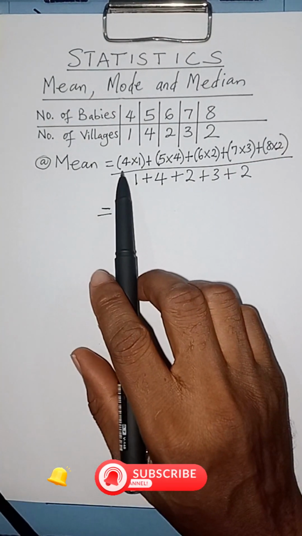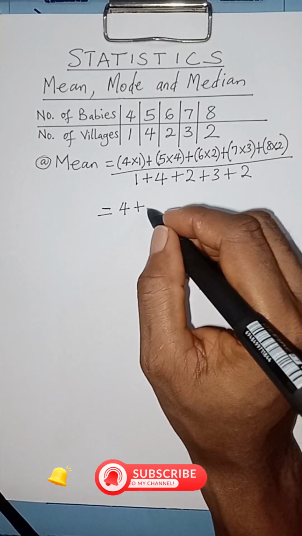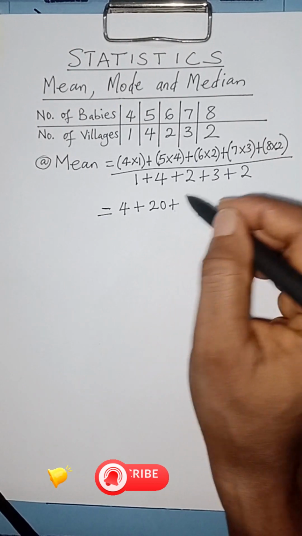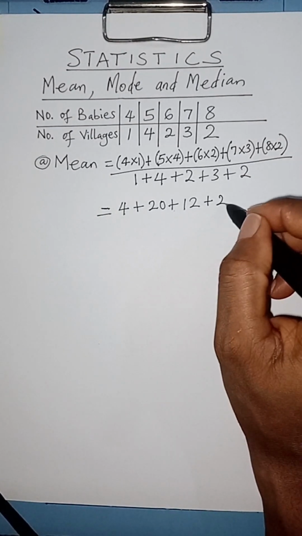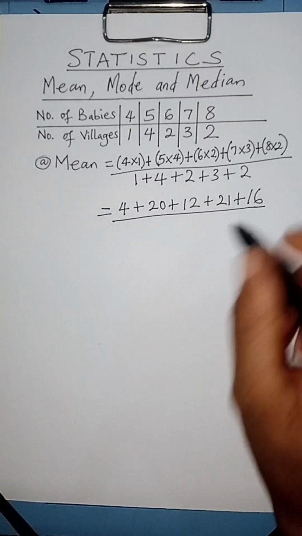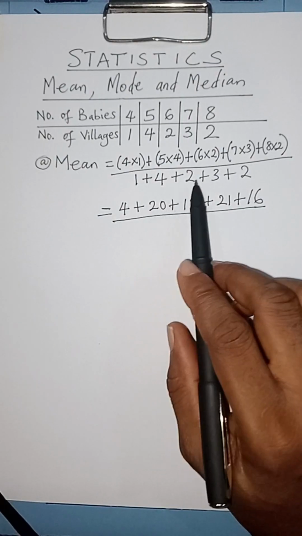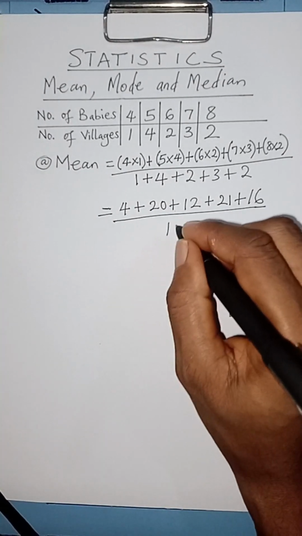So let's start with the numerator part. 4 multiply 1 is 4, plus 5 multiply 4 is 20, plus 6 times 2, 12, plus 7 times 3, 21, plus 8 times 2, that's 16. Divide by 1 plus 4, 5, plus 2, 7, plus 3, 10, plus 2, 12. And this is what you have.